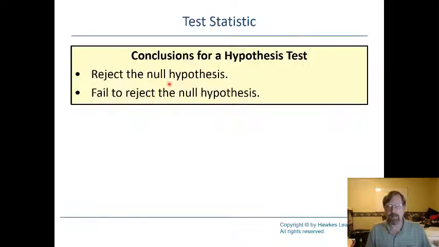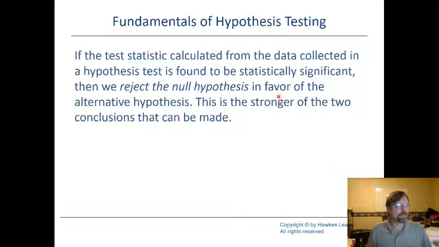The real conclusions for the statistics part is you reject the null hypothesis or you fail to reject the null hypothesis. You're not proving anything. It is a stronger conclusion to say we reject the null hypothesis in favor of the alternative. Failing to reject the null hypothesis doesn't mean that the null hypothesis is right.